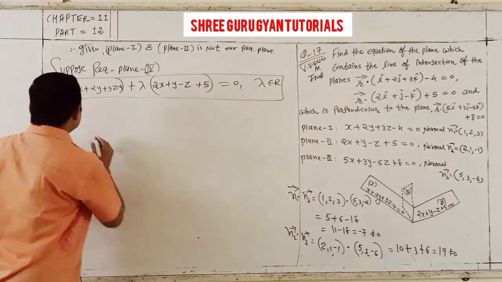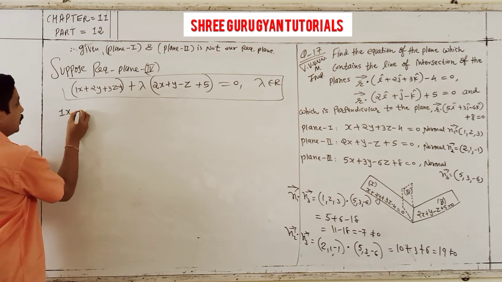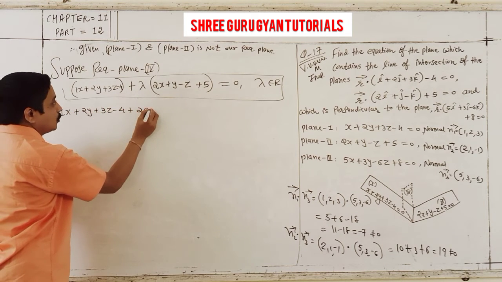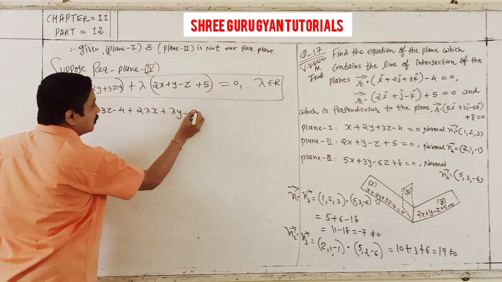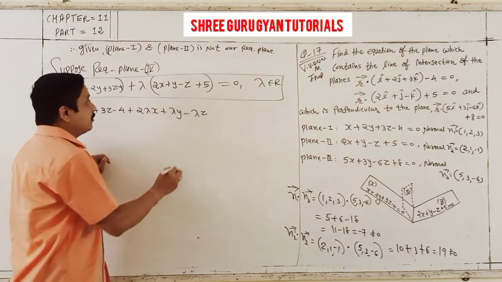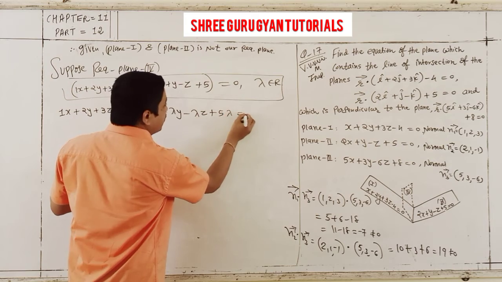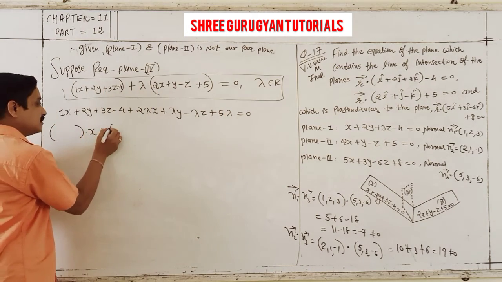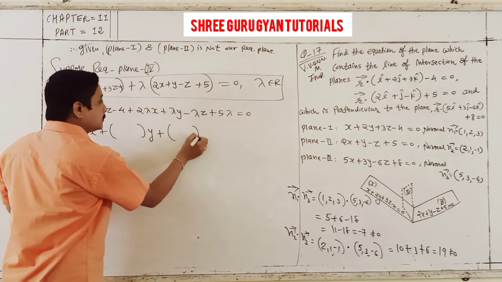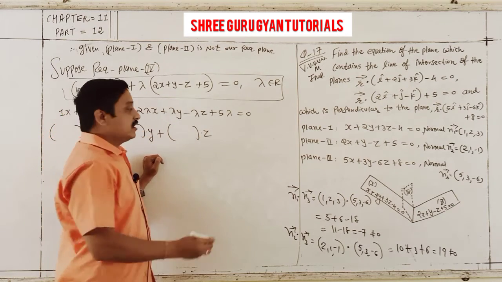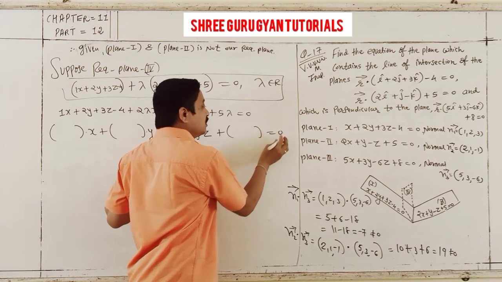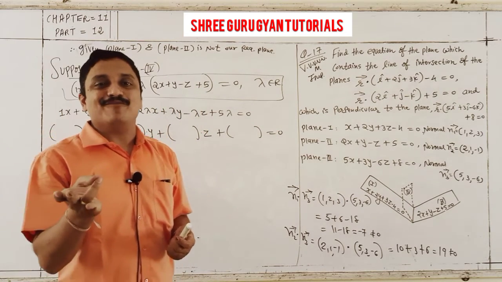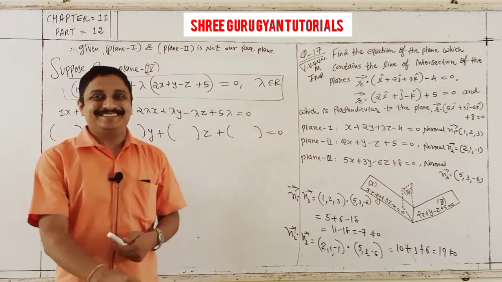Very easy. Just like converting into expansion: 2 lambda x, lambda y, lambda z, plus 5 lambda is equal to 0. So students, here you will cover x, another y, another z, and here constant is equal to 0, and that means we covered to our normal form Lx, My and Nz equations.